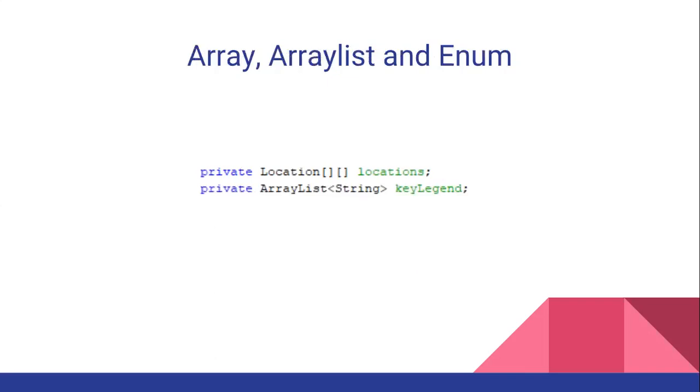Now the second one is the ArrayList. The ArrayList is a little different from the array because its size, or length, varies.